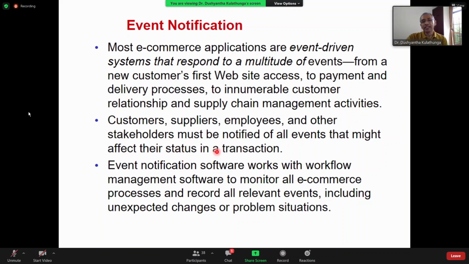Until it is dispatched, it may be in a warehouse. So from the warehouse, when it is dispatched, that information will be communicated. If you have ordered something online, you may have this experience where you get notifications at different stages. So that is managed by these email notification systems.